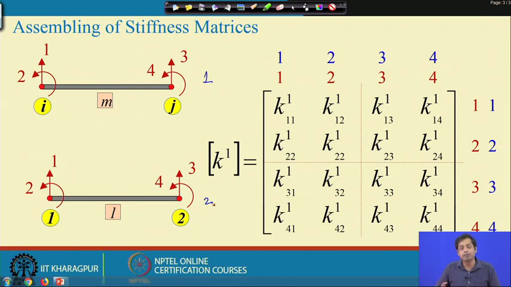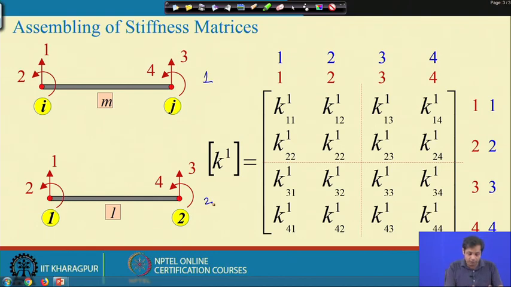But when we take a member from the actual structure, its actual degrees of freedom may not be 1, 2 and 3, 4; they may be different. The red numbering on the stiffness matrix, 1, 2, 3, 4, is how the stiffness matrix is constructed, and the blue one is the numbering with respect to the global numbering.